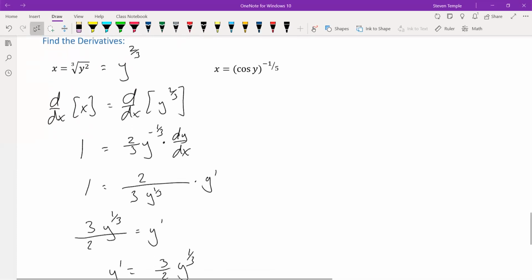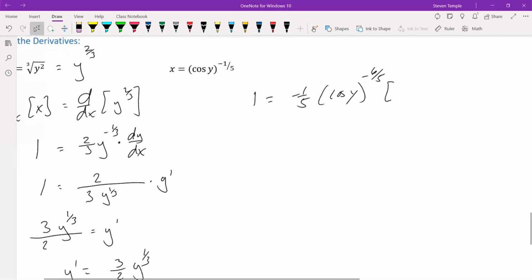The next example, if I take the derivative of both sides, it's a 1, negative 1/5. Rewrite the inside. And I'm going to subtract 1, so that's negative 6/5. The derivative of the inside is cosine, so I write negative sine. I rewrite that inside. And the derivative of the inside is y, so it's a 1 y prime.